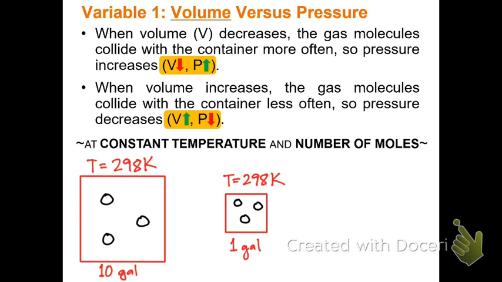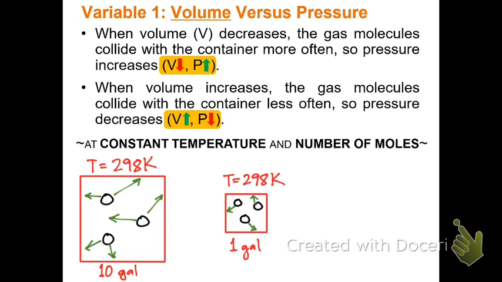We defined pressure earlier as the frequency of collision. So these gas molecules inside the container are moving around very quickly, in random directions, striking the walls of the container. Now imagine the second, smaller container. These molecules will also collide with the walls of the container.